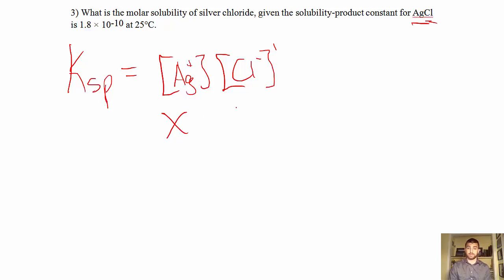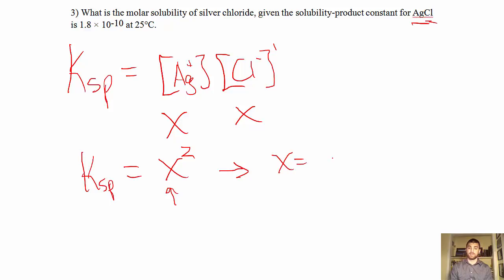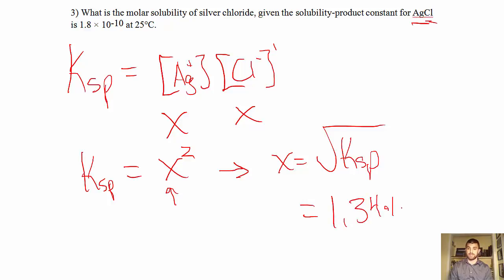The concentration of Ag plus is going to equal the concentration of Cl minus, so KSP equals x squared, x being the molar solubility. So if we want x, it equals the square root of KSP. So I plug that in, and I get 1.34 times 10 to the minus 5 as my molar solubility for silver chloride.